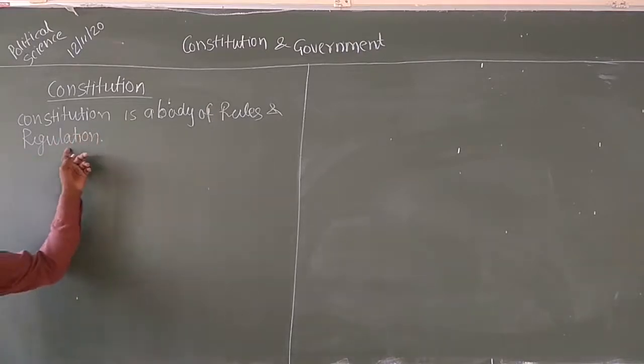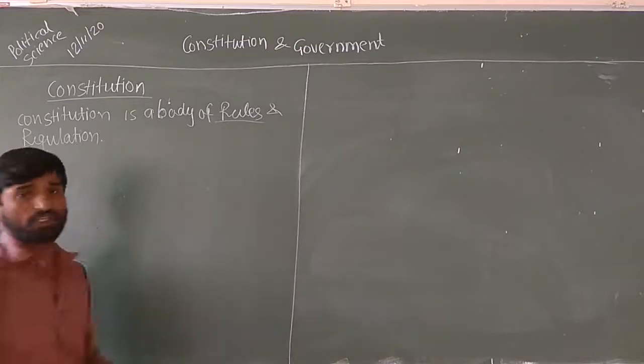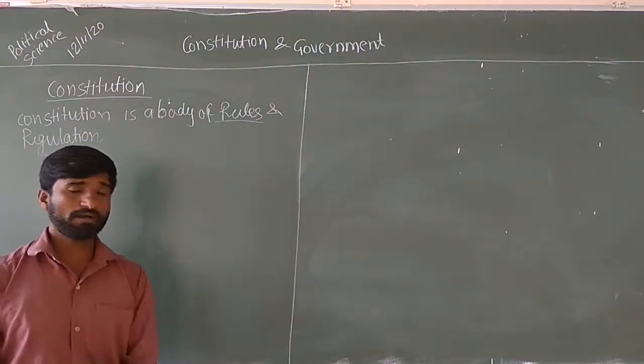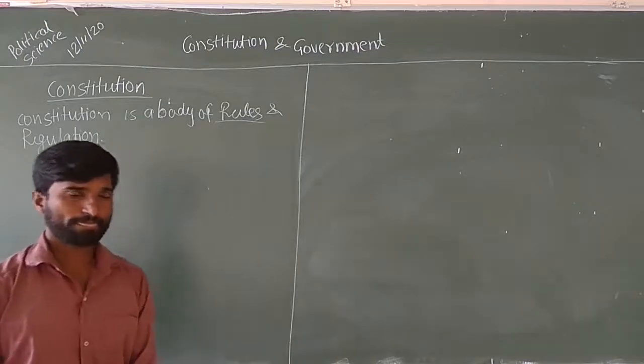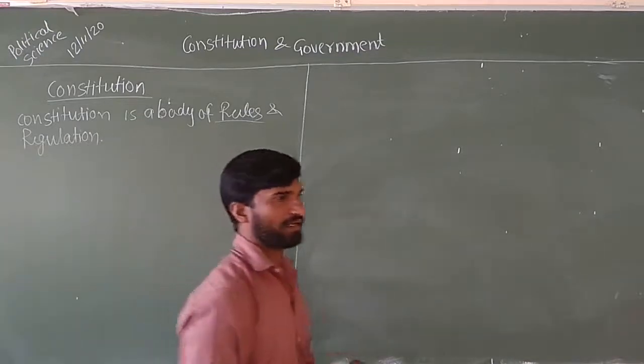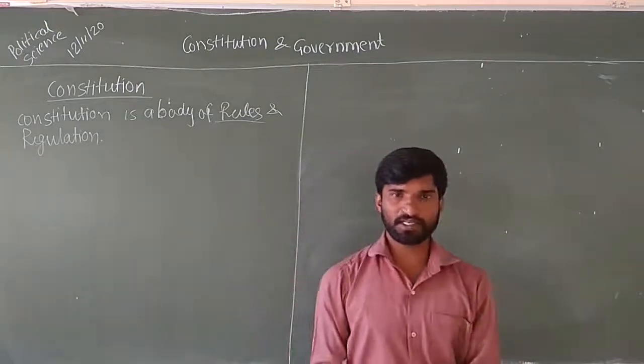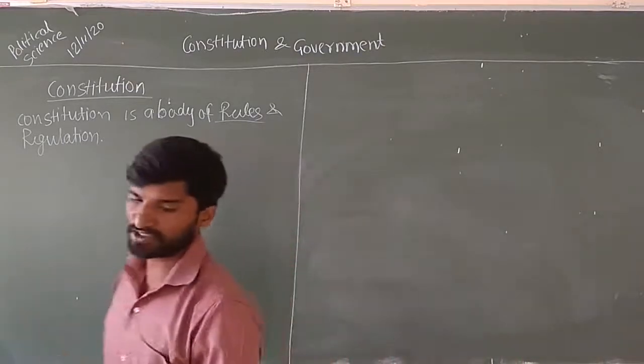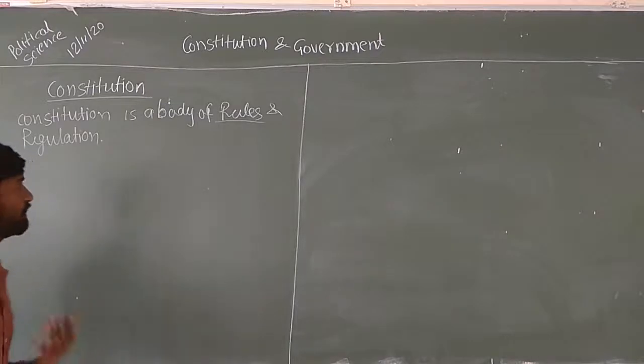These rules and regulations may be written or unwritten, in written form or oral form, but that is called a constitution, and it is the fundamental law of the country.